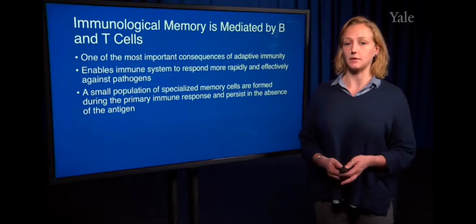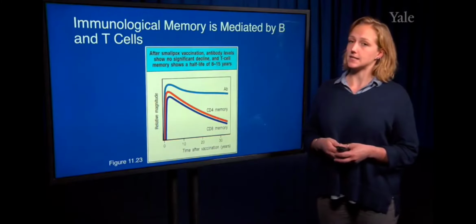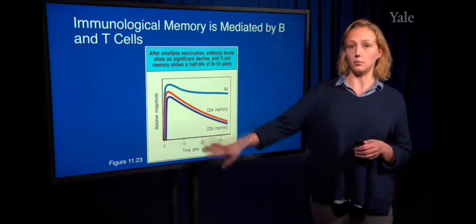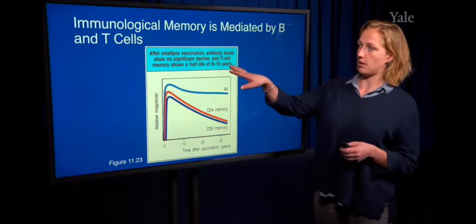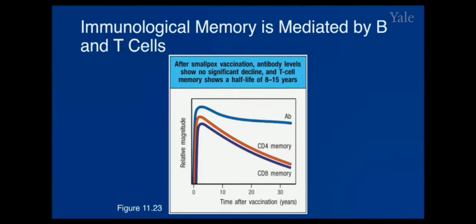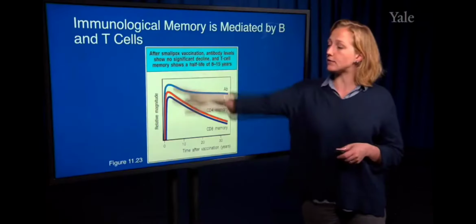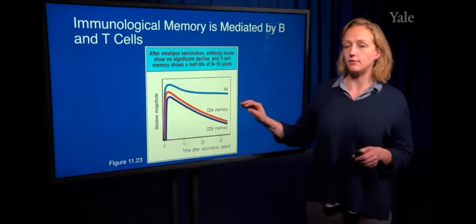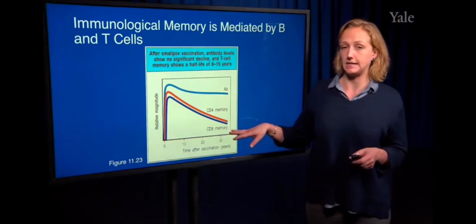If we look at this example, which shows a plot of how many cells are within a patient after a smallpox vaccination, the x-axis is the time after vaccination, and the y-axis is the relative magnitude. After the vaccination, we have a huge spike in antibody concentration, CD4 cells, and CD8 cells.